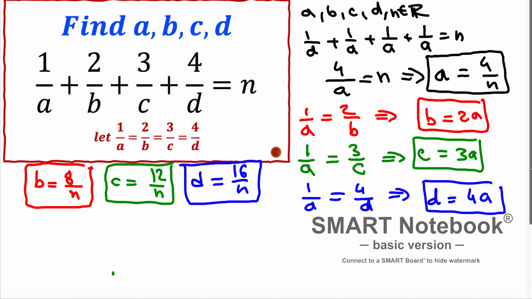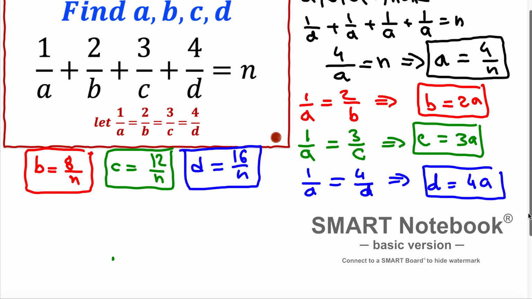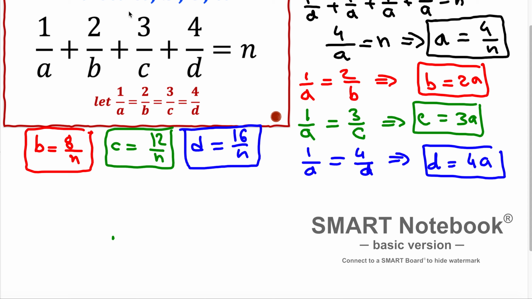So we found them. But if we are not sure, we want to check it, we can check them. And if we are checking them, instead of A, B, C, D, we are going to plug in those values with respect to N. So let's check.